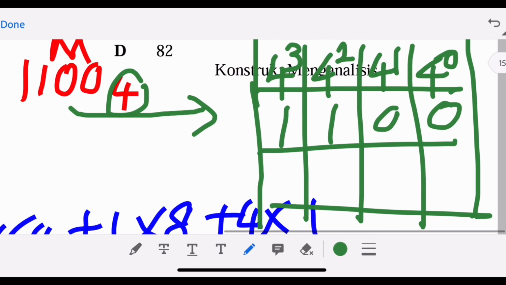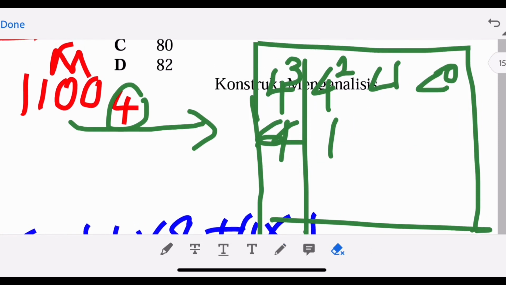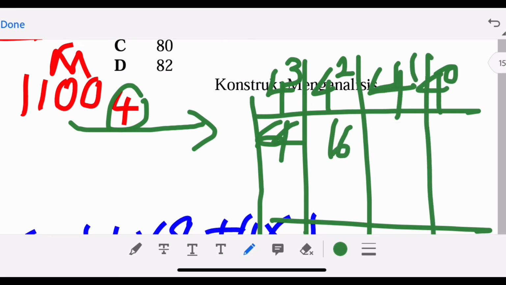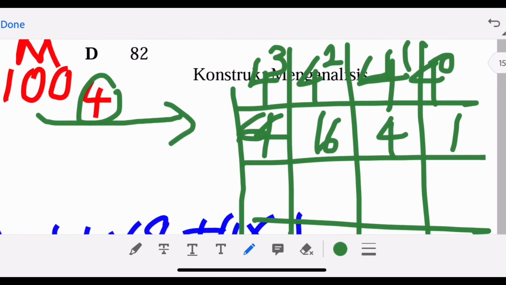So okay, yeah, I should write the 64, 16, 4 and 1. Easy, right? Troublesome, right? 4^1, 4^0: 16, 4 and 1. So now 64, 16, 4 and 1. Okay, I write 1100.